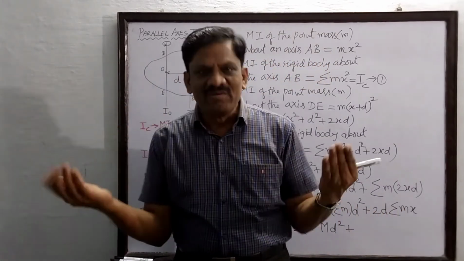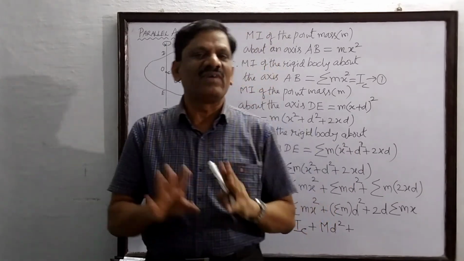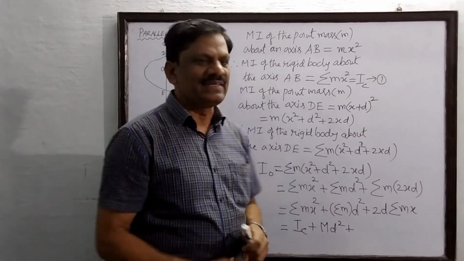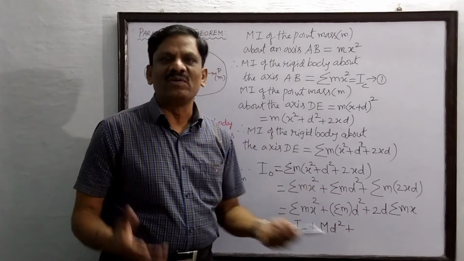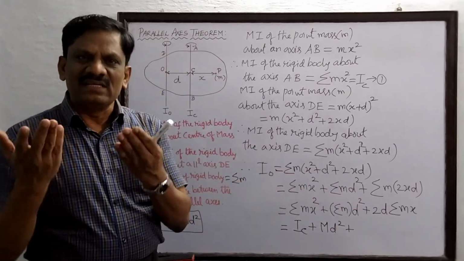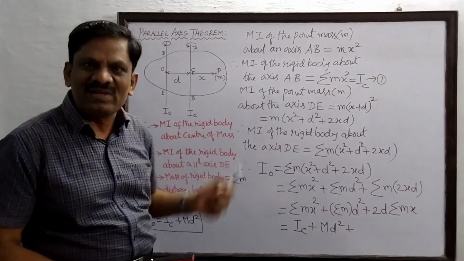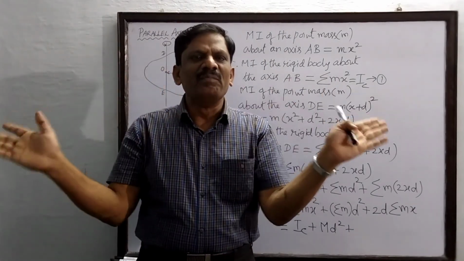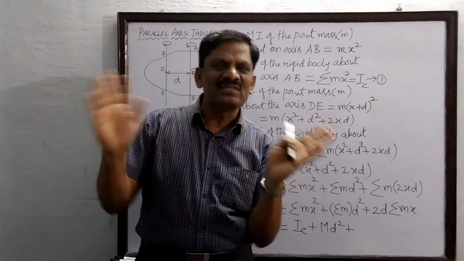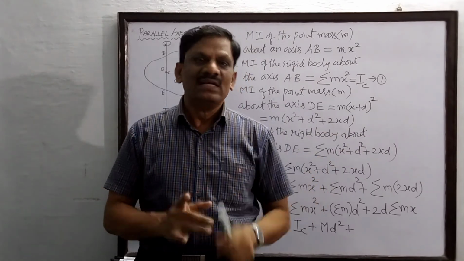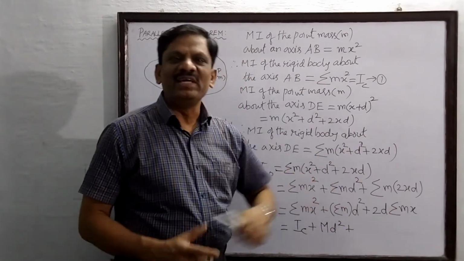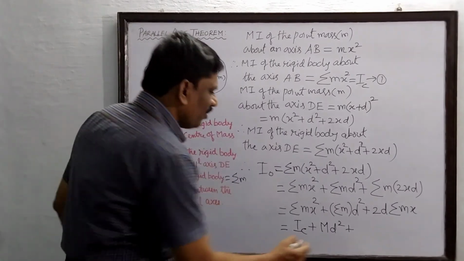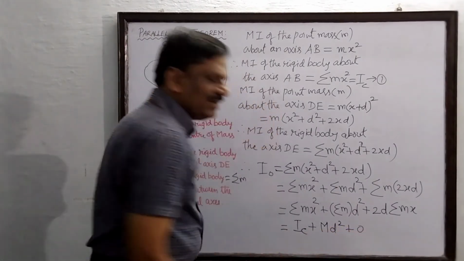Therefore, if you add the product of m into x for all the particles, the algebraic sum of m into x must be equal to 0, because that is the axis passing through the center of mass. About the center of mass, if you take the product of m into x for all the particles on both sides of the axis AB, then sigma mx will be equal to 0. Therefore, the third term will be 0.